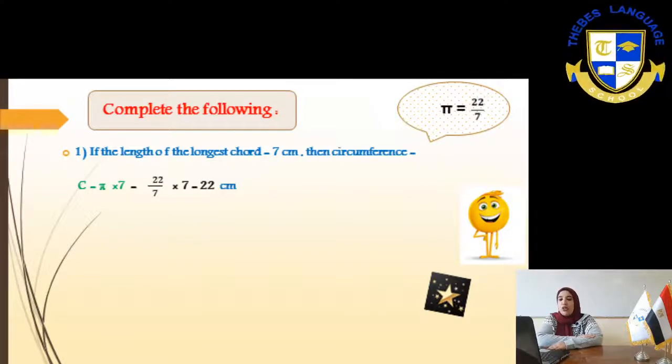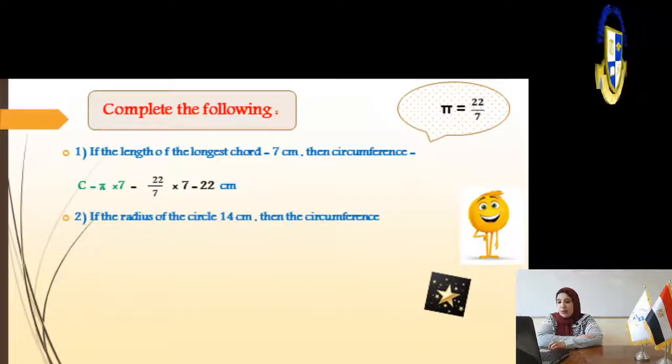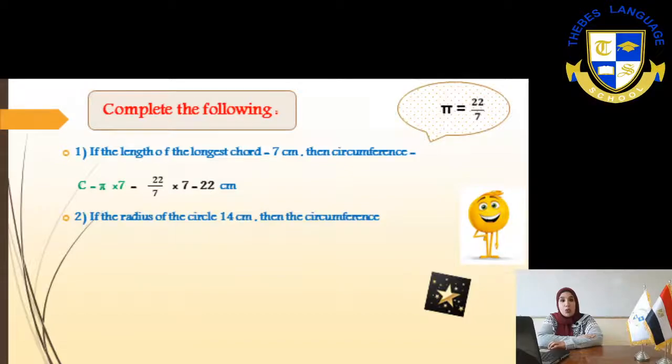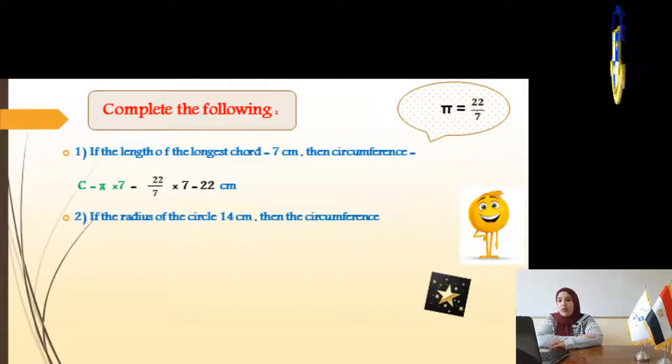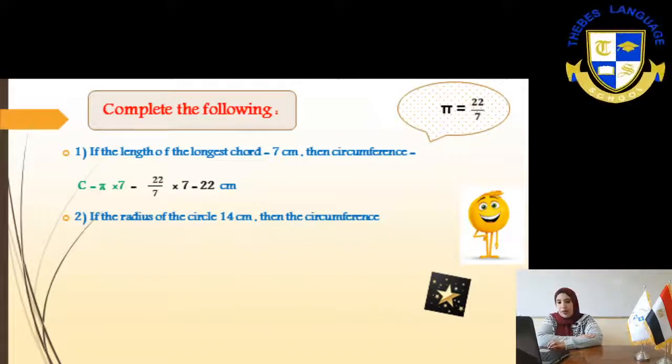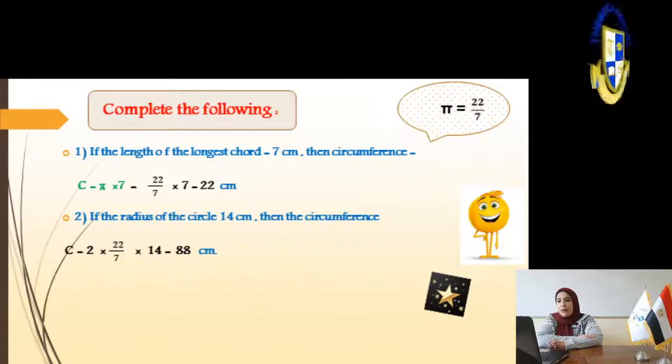In question number 2, if the length of the radius of the circle equals 14 centimeters, then the circumference equals. Here he gave you the length of the radius, so circumference equals 2 by pi by radius. 2 multiply 22 over 7 multiply 14.